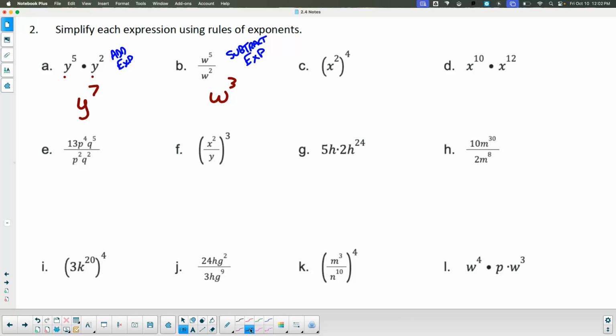When we have a power to a power, then we multiply the exponents. 2 times 4 is 8, so this would be x to the 8th power. D is just like letter A, so we add the exponents, so this would be x to the 22nd power.